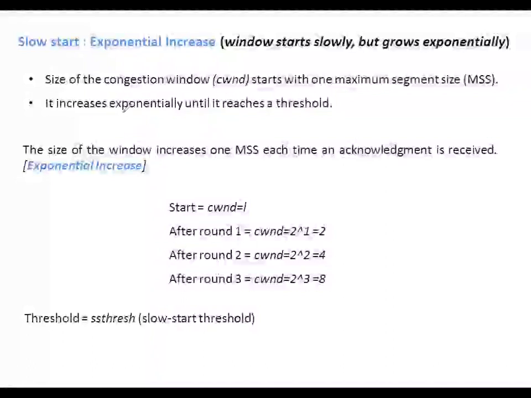The sender will be increasing the rate of data transmission exponentially. That is, for each acknowledgement the sender receives from the receiver, it is going to increase the window size by 1 MSS. For example, initially the number of segments the sender sends is 1. When it receives the acknowledgement for this one segment, in the next iteration the sender's window size will be 2.